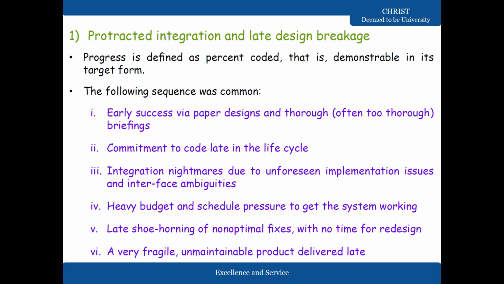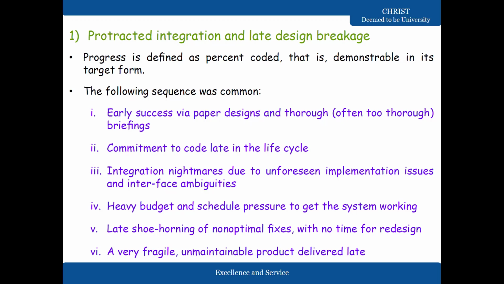Now, protracted integration and late design breakage is when the progress of the project is not up to the mark, and as a result, something is not complete, and a long time is taken for the project to get completed, and ultimately, because of that, the entire project fails. Okay, so progress is defined as percentage coded that is demonstrated in the target form.